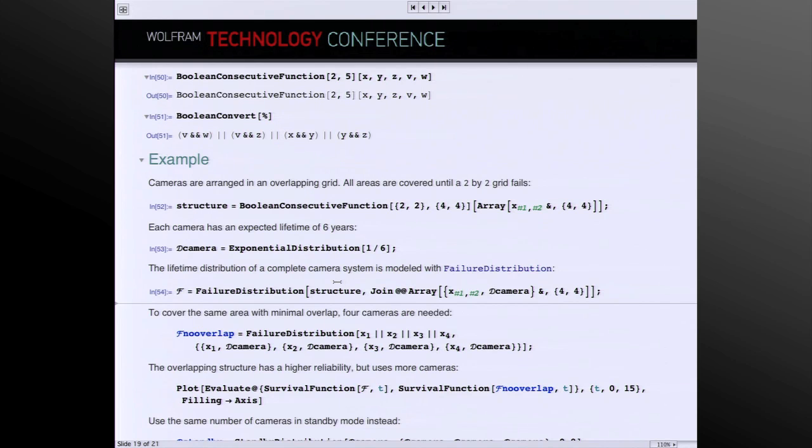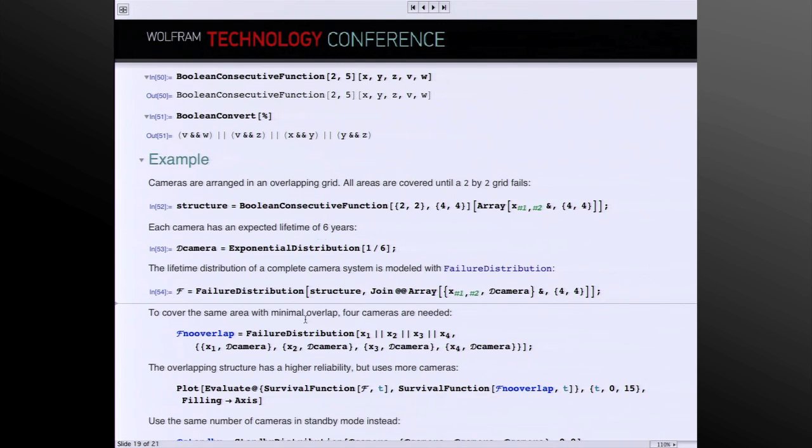Now, in this example here, we're constructing a grid of cameras to monitor some system or a room or such. And we arranged this in a 4x4 grid, and this system has a redundancy, so all areas are covered until a 2x2 grid in this 4x4 grid fails.